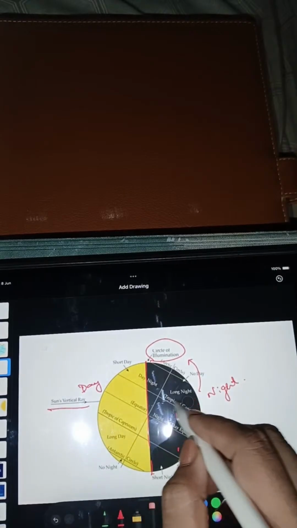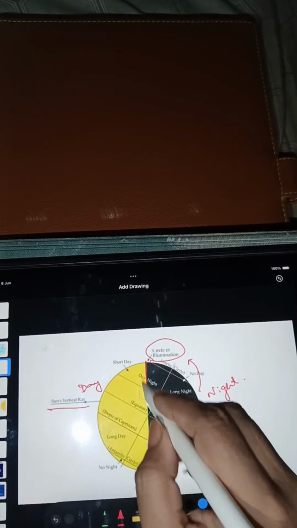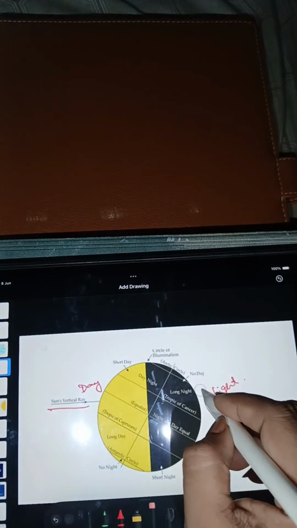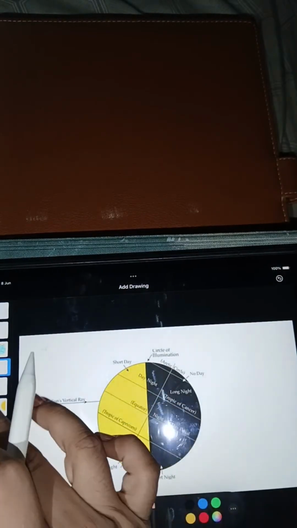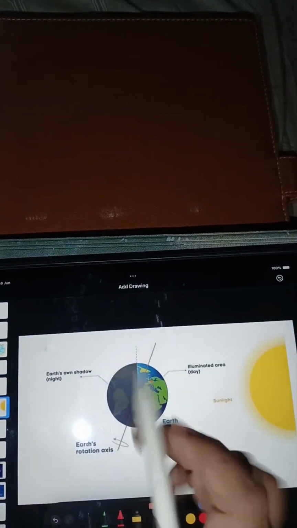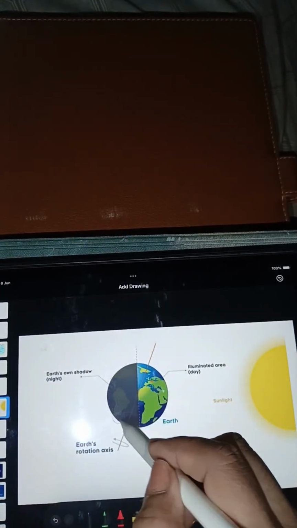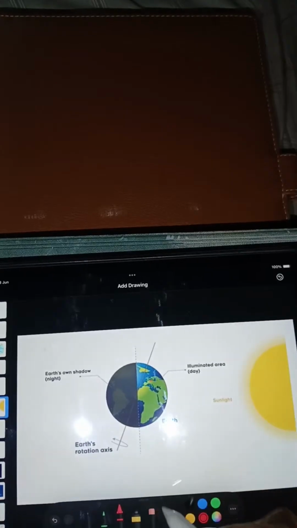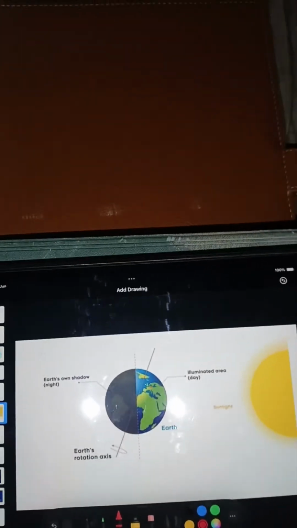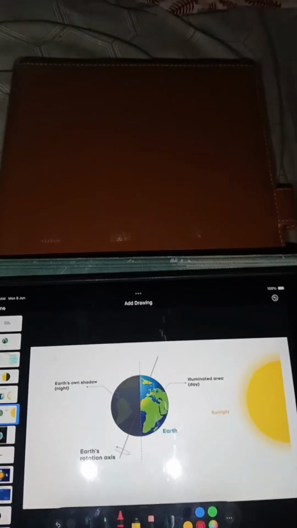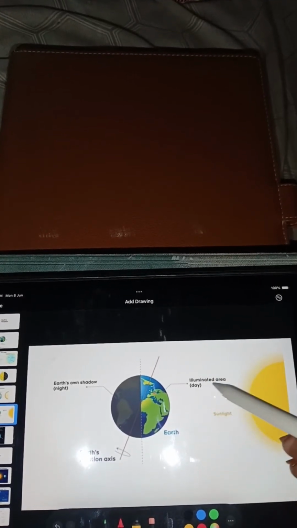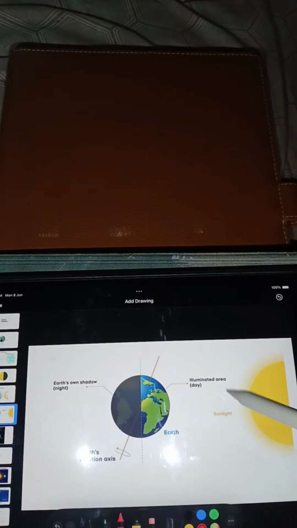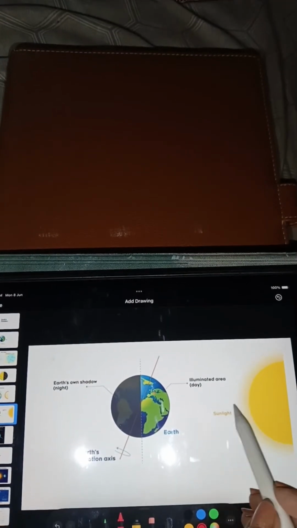Now there is another concept, the variation. You can see this shadow circle over here. Direct sun rays are coming.